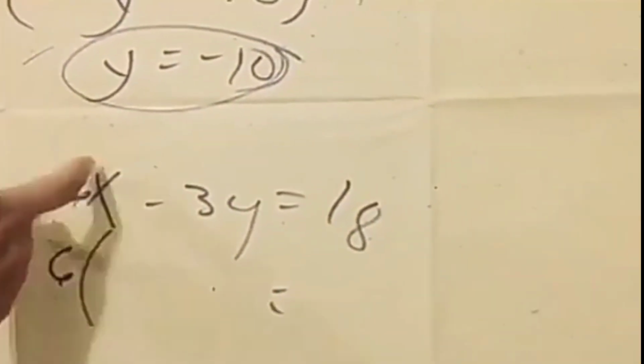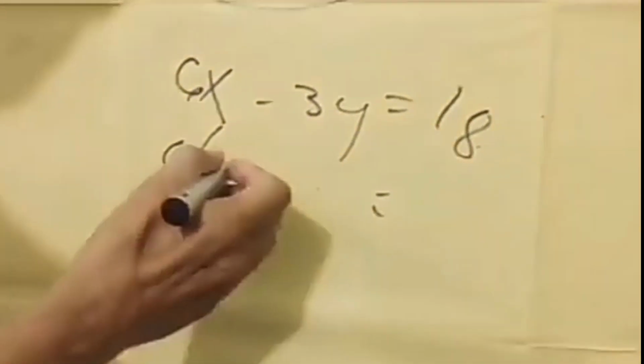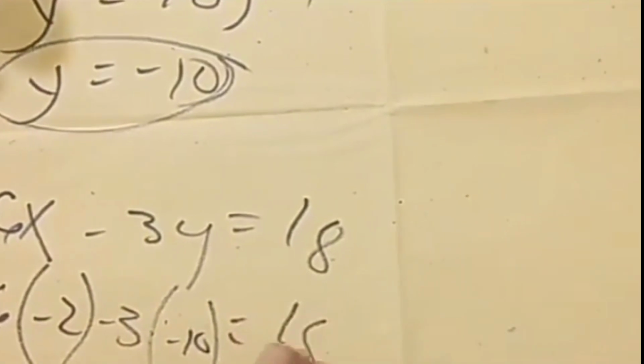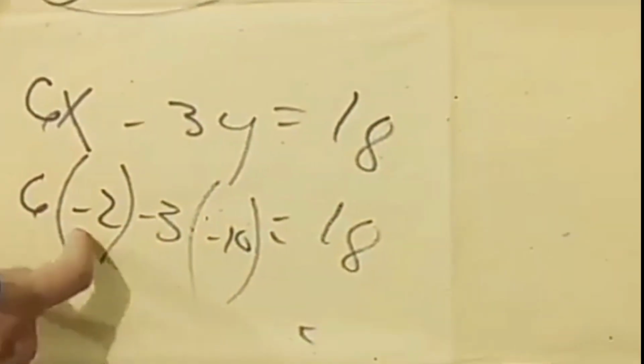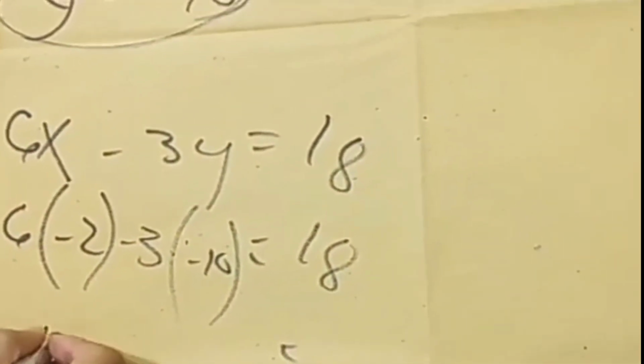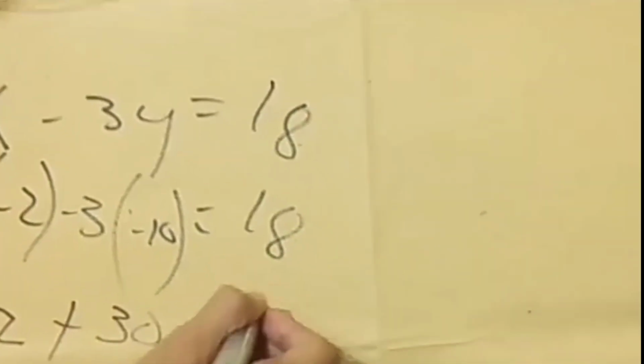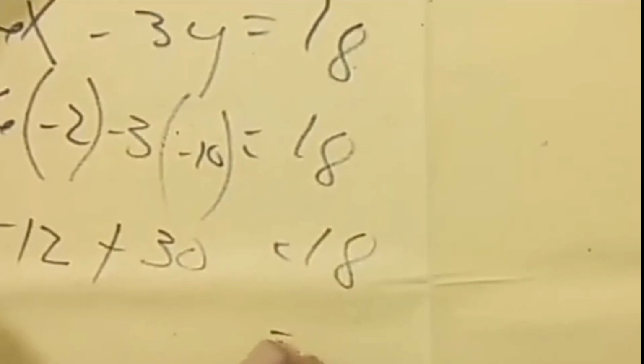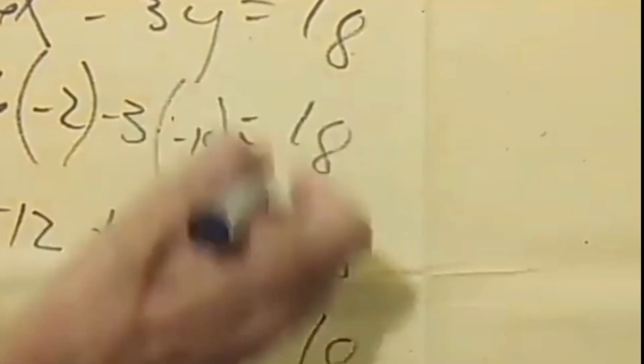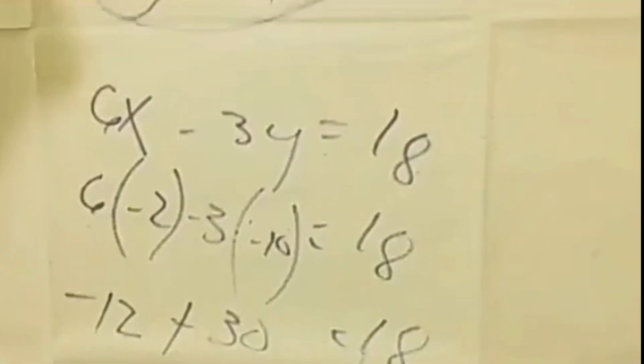Okay, 6 times the value of our x, negative 2, and the value of our y is negative 10. 6 times negative 2, we have negative 12. Negative times negative, we have positive 30, equals 18. 30 minus 12, we have positive 18. Oh, the same result. Okay, equal now. Since the equation is equal, our answer is correct.